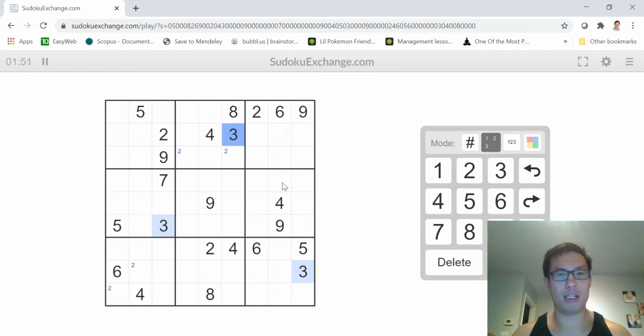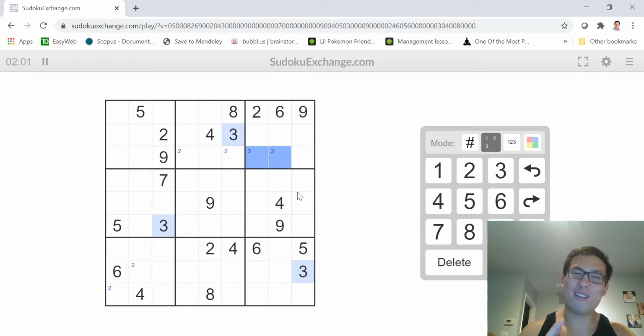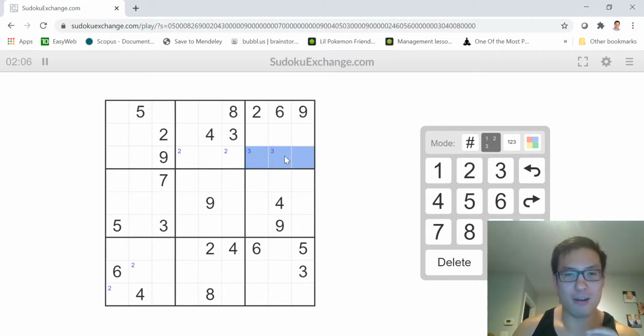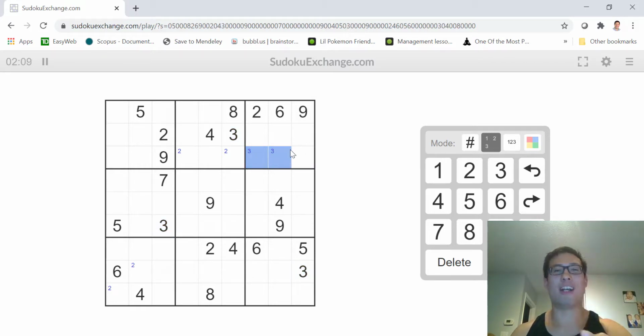Moving on to 3s. This 3 and this 3 look into this block and block out those squares. So these 2 are 3s. Now, here's something that was super cool that I never did before and never really understood. Based on this Snyder notation, it says a 3 can only exist here or here in the final solution.